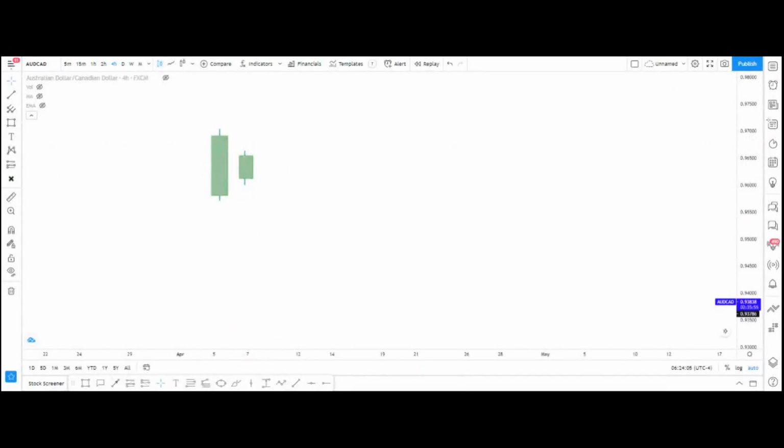Now, can anyone tell me the difference between these two candlesticks? Anyone at all?